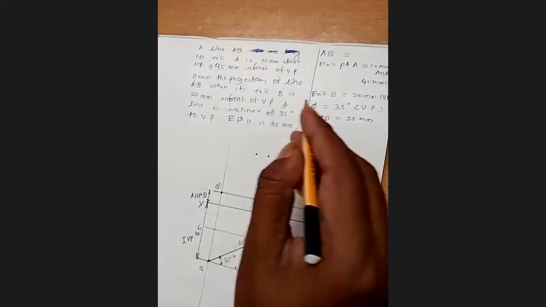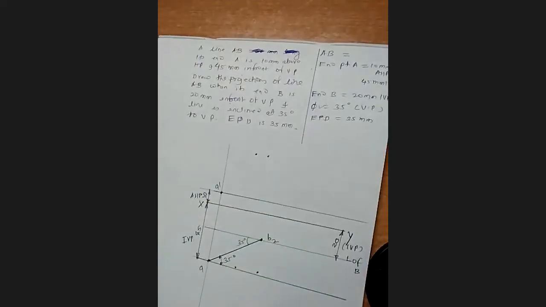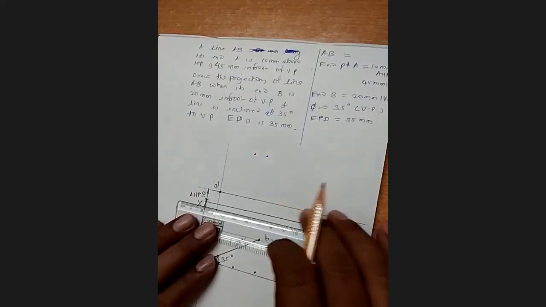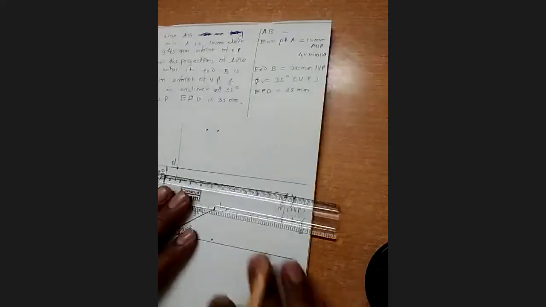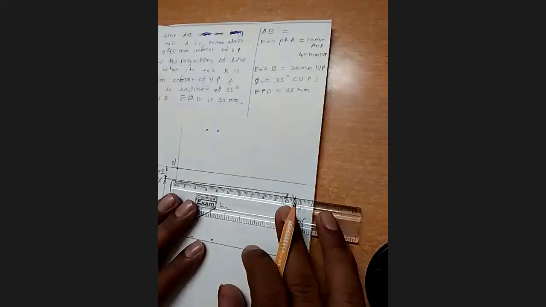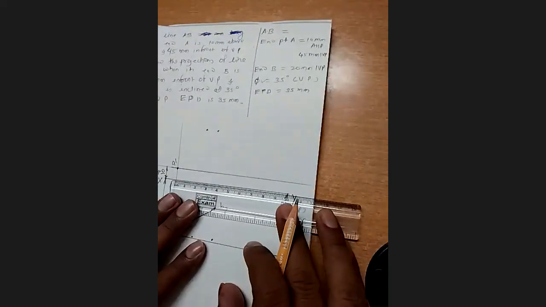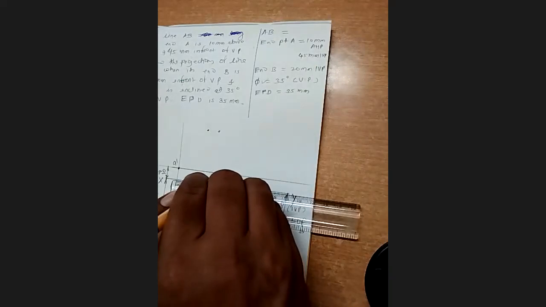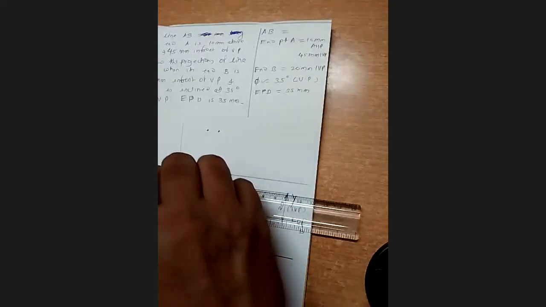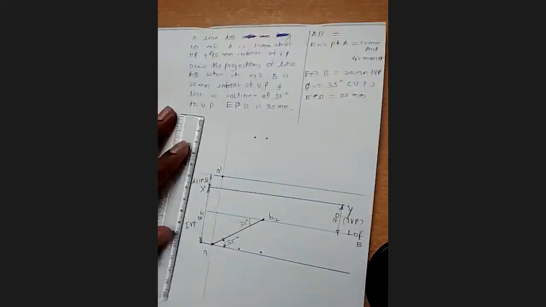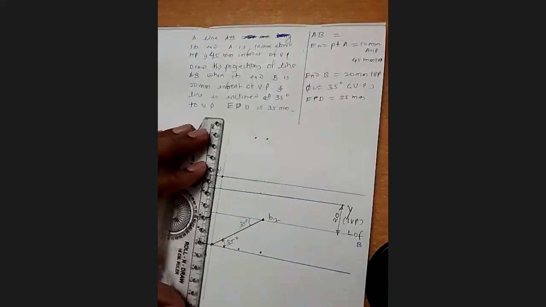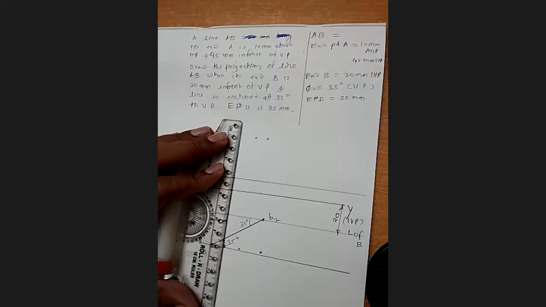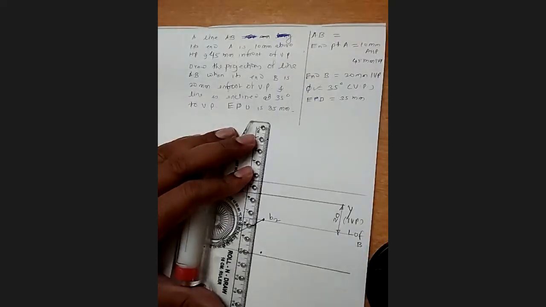So this is all taken. Now we can take the end projected distance. At XY line or somewhere, anyhow, you should get the 35 millimeter from here. So I will take this 35 and then draw a line passing through that projector end, at a distance 35 from this line.